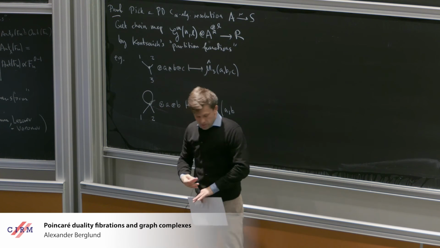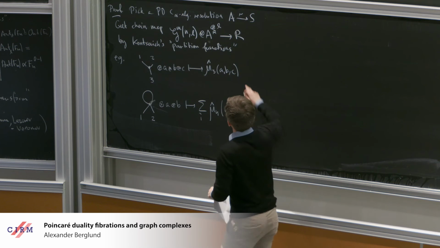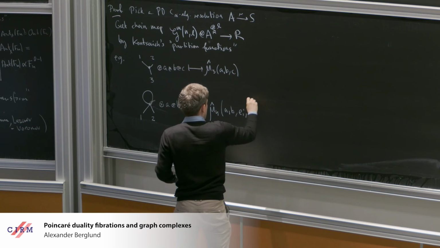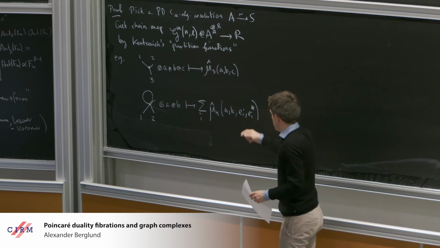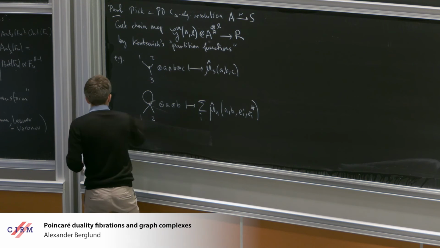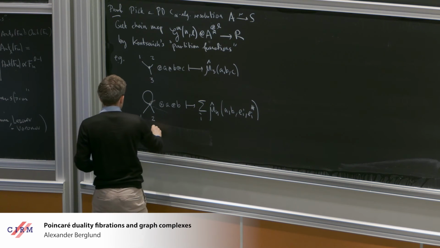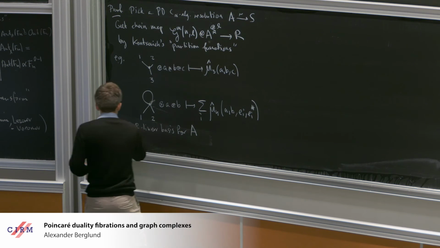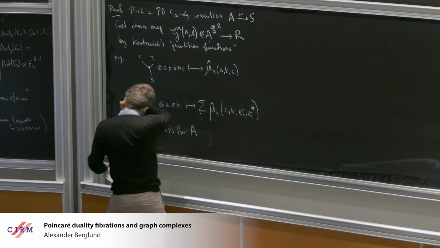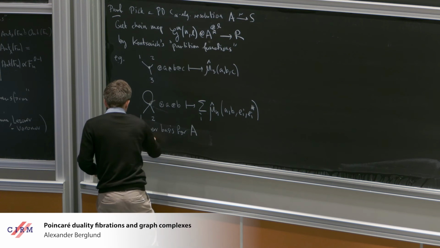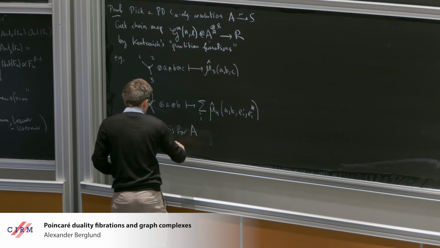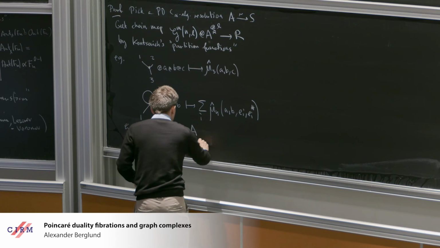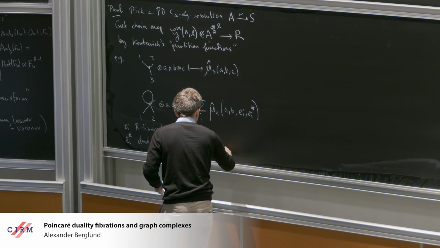So I plug in the co-evaluation of this inner product space over R. I take the sum over e_i and e_i dual, where e_i is an R-linear basis for A, and this is the dual basis. We have this inner product, and we can define a dual basis using it in the usual way.